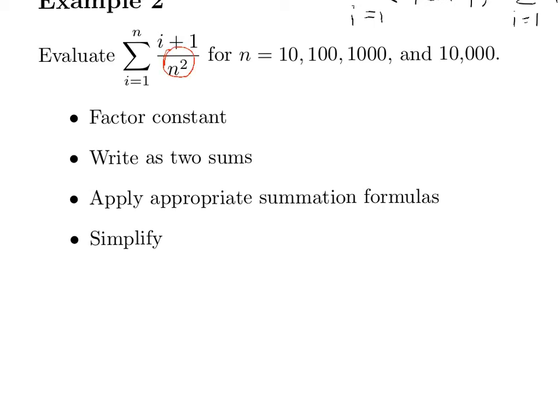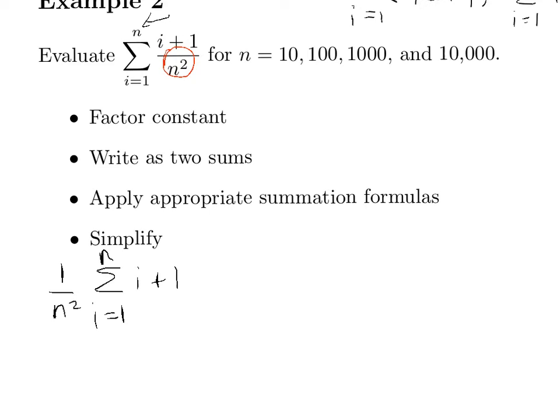1 over n squared behaves like a constant. Even though we see n up here and n is a letter, not a number, it behaves like a constant because it's not i. So we can factor out a 1 over n squared. That leaves us with the sum from i equals 1 to n of i plus 1.